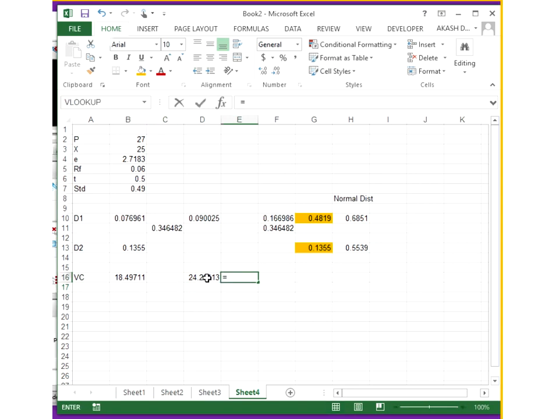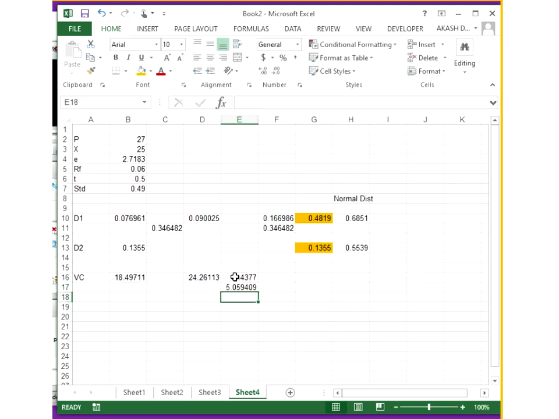So before that, let me just do the first part. This multiplied with 13.47.